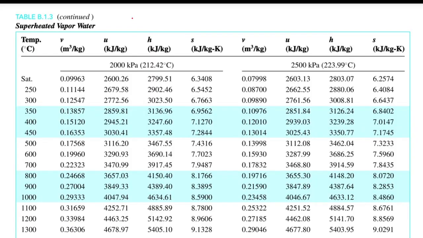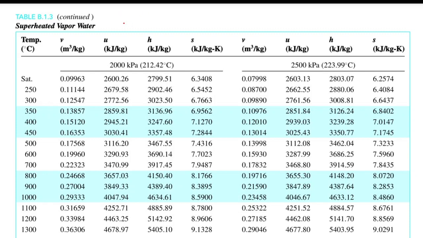Now for the application. There are a lot of applications of interpolation, including in statistics, how to find the value of z-scores, t-scores. But in this video, we will be using the superheated vapor of water as an example.